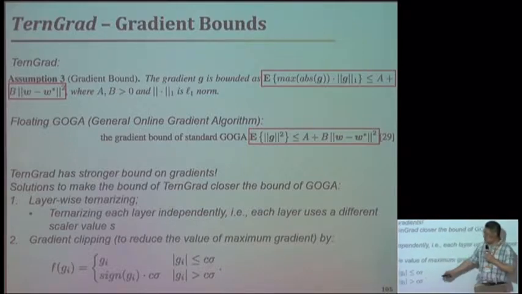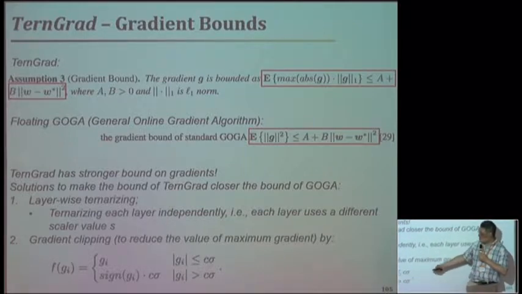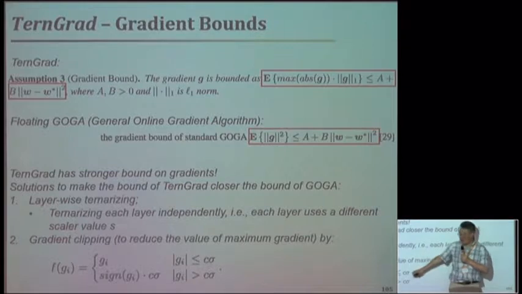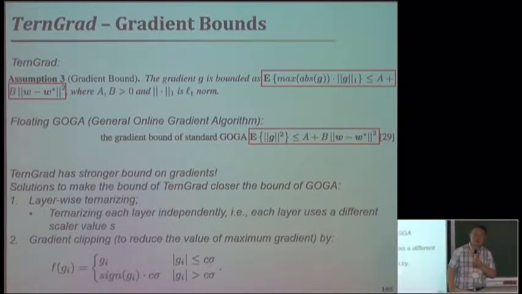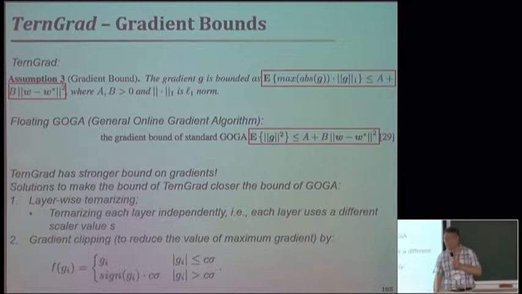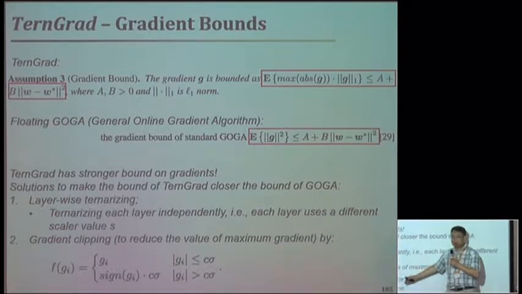The basic idea is if the gradient is smaller than some value, then we keep the floating point value of the gradient. But if we calculate the gradient larger than some threshold, then we just do the positive and negative.